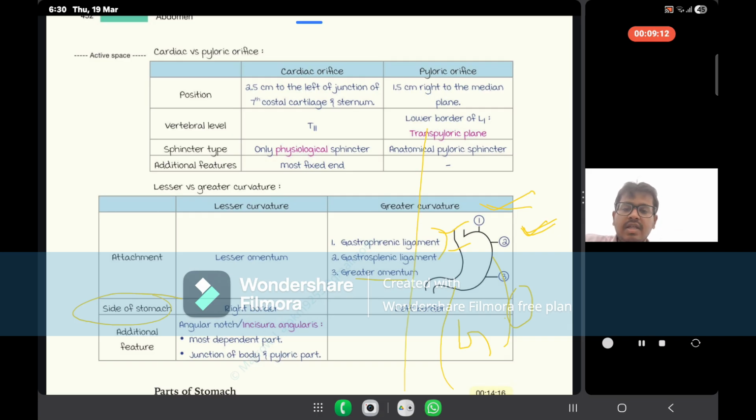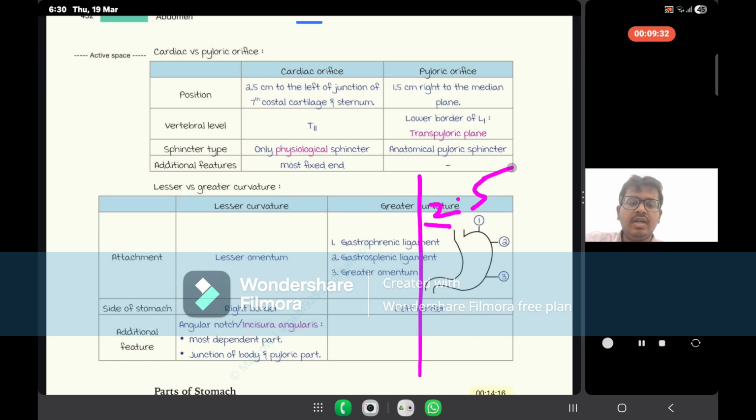The lesser curvature is on the right border. We already saw that it is 2.5 centimeter away.